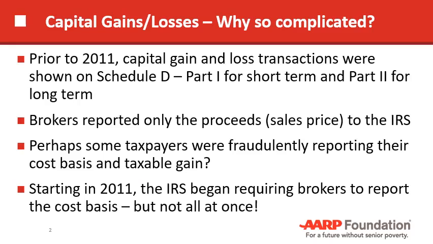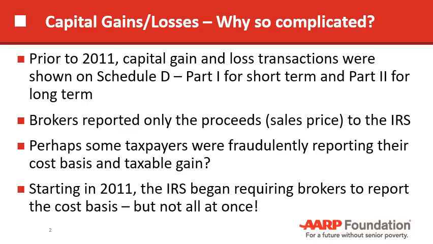I do want to digress a little bit and tell you a little bit about why this is so complicated. So before 2011, the Schedule D to report capital gains and losses was fairly straightforward. There was a Part 1 for short term and a Part 2 for long term, and brokers reported only the sales price, the proceeds, to the IRS.